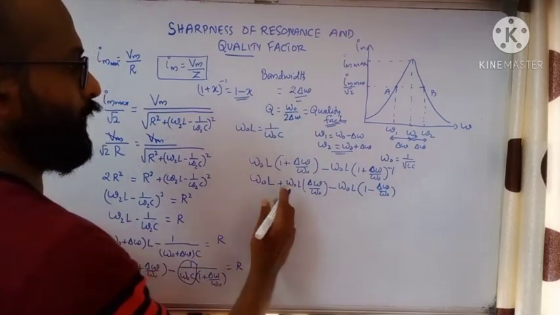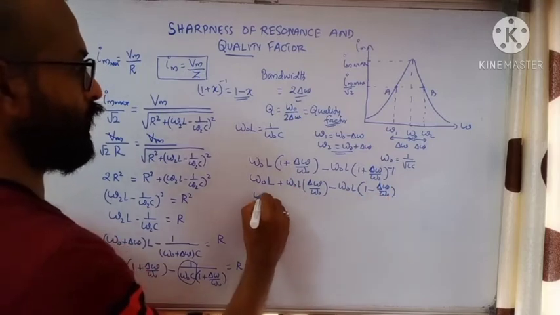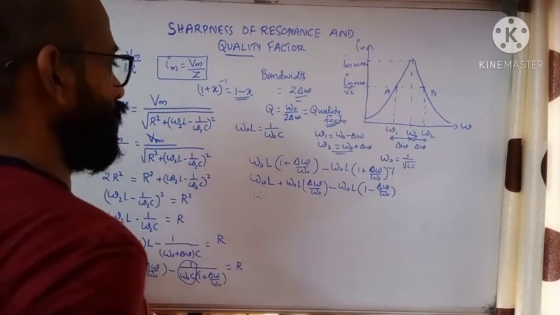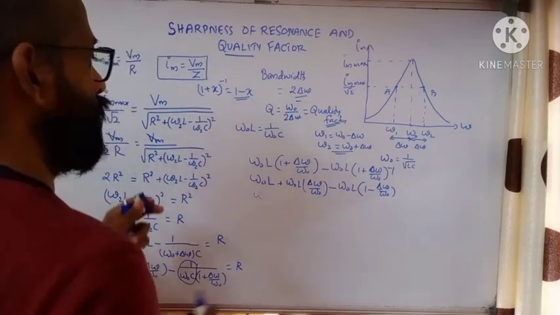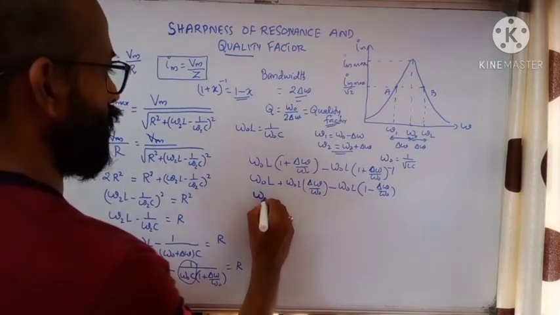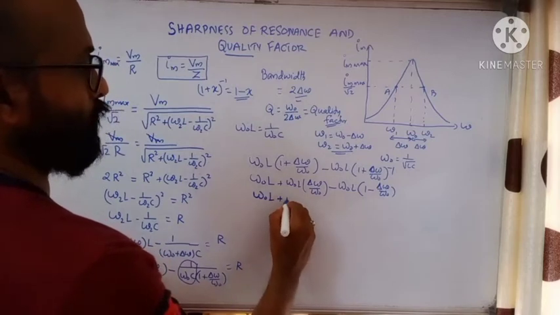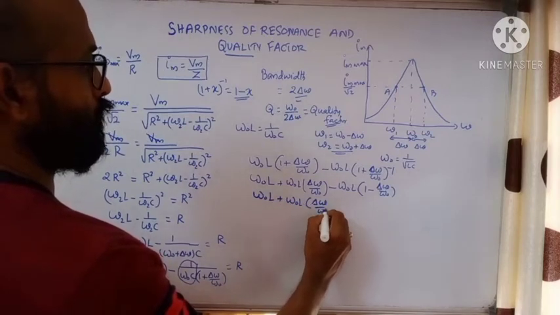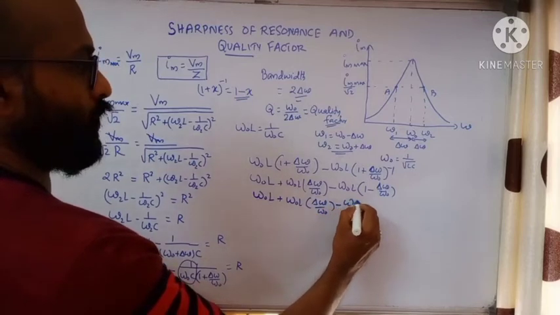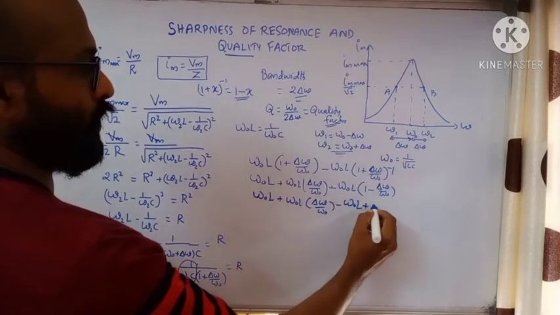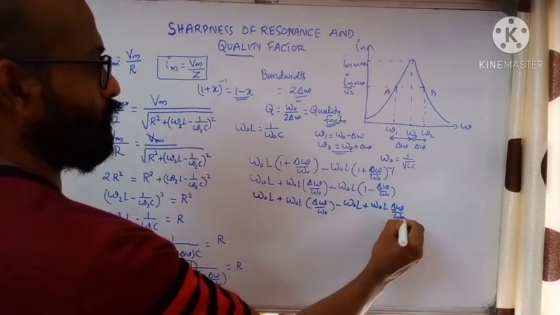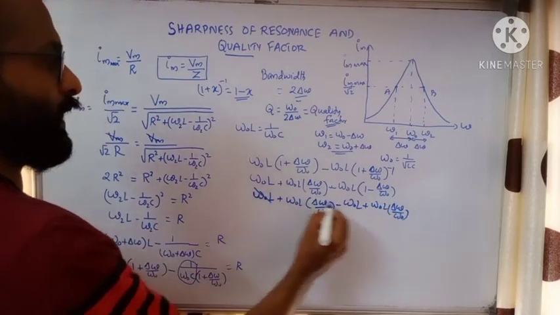Again, expanding once again, we have the equation omega 0 L plus omega 0 L delta omega by omega 0 minus omega 0 L, minus minus plus, so we get omega 0 L delta omega by omega 0. These two will be cancelled.